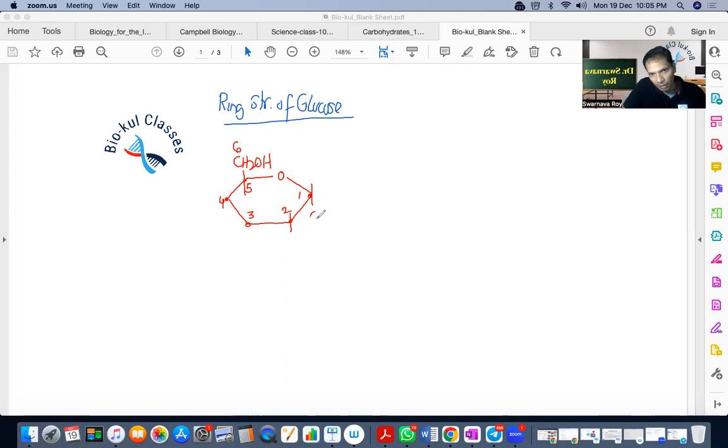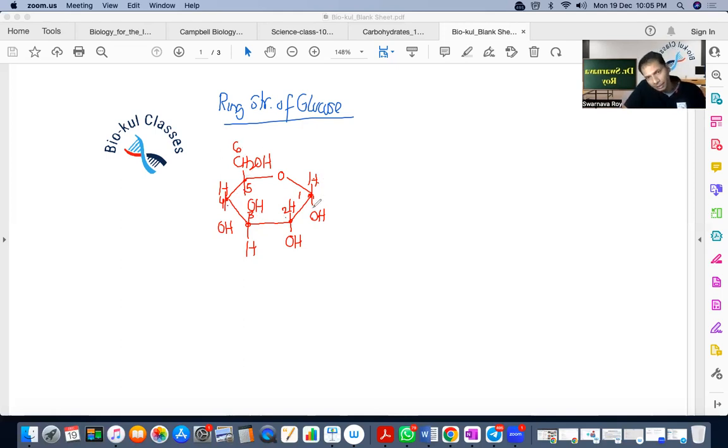Okay. So we have OH, H. So C on one bond we have OH, another bond we have H, right? This third one, the OH is on the top of the plane. Here, the OH is at the bottom of the plane. So this is the first, second, third, fourth, fifth, and the sixth carbon.